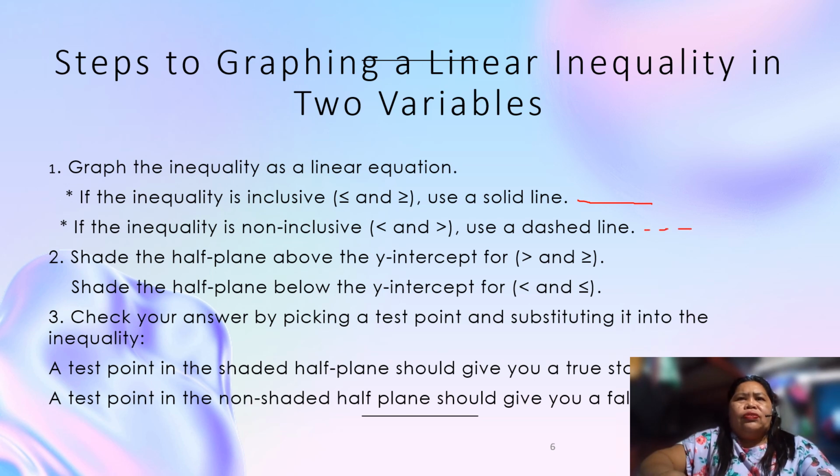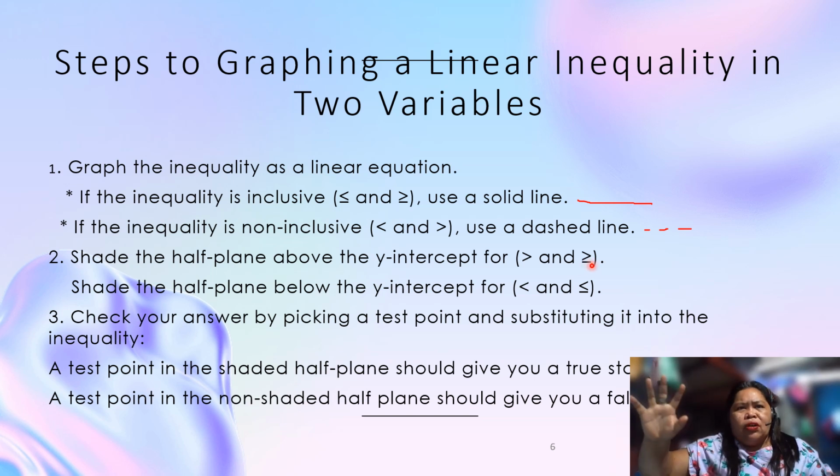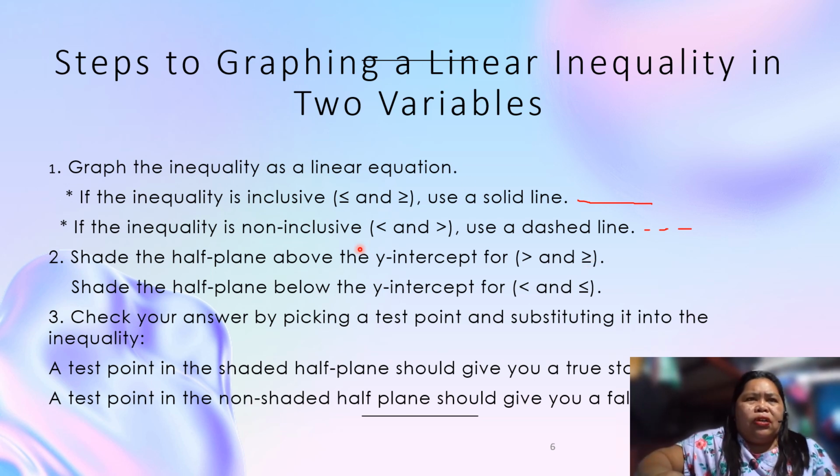It's not continuous. Then step 2: shade the half plane above the y-intercept for greater than or greater than or equal to. If our graph is shaded up, that means greater than.